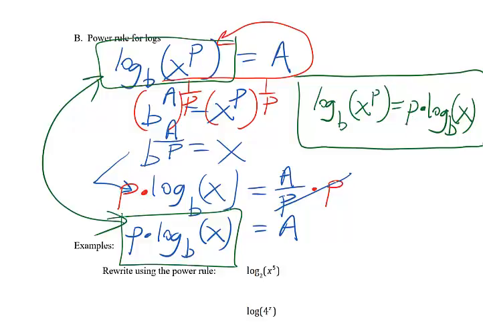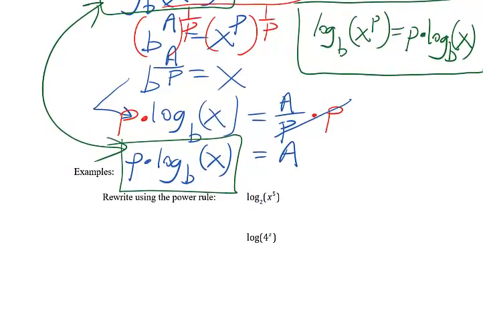Well, there are a couple of sample problems here, a couple of examples to finish off. The directions in these problems simply say, here's an expression, you rewrite it using the power rule. In other words, according to the power rule, what is this the same thing as? Well, when I look at the first example, I see I have a logarithm, it's got a base, and inside here is a base and a power.